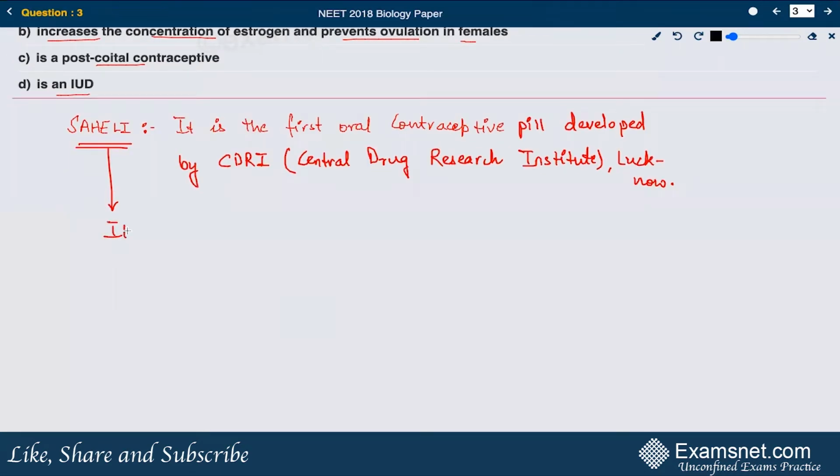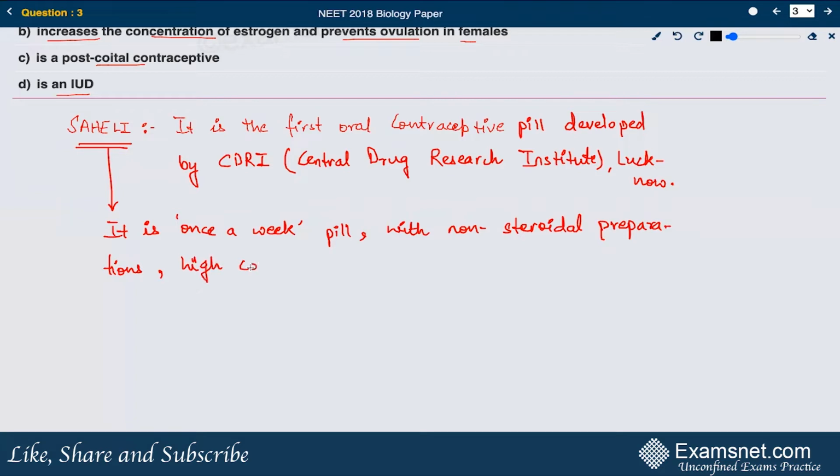So it is actually a once a week pill having non-steroidal preparations, having high contraceptive value, and also very less side effects.